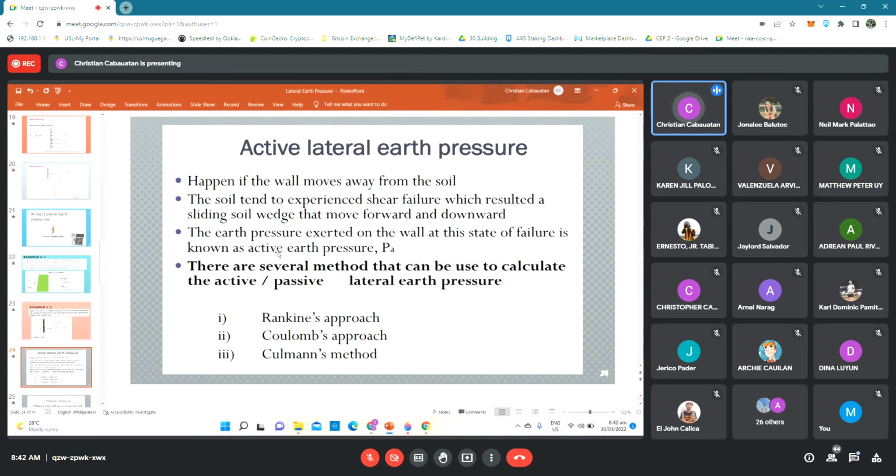And there are several methods that can be used to calculate whether it is active or passive lateral earth pressure. The first approach would be Rankine's approach, the second approach would be Coulomb's approach, and the third approach would be Coleman's method.